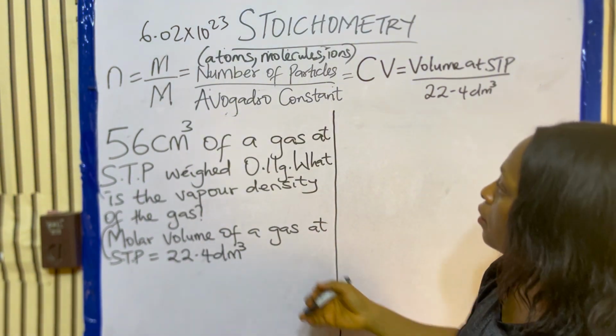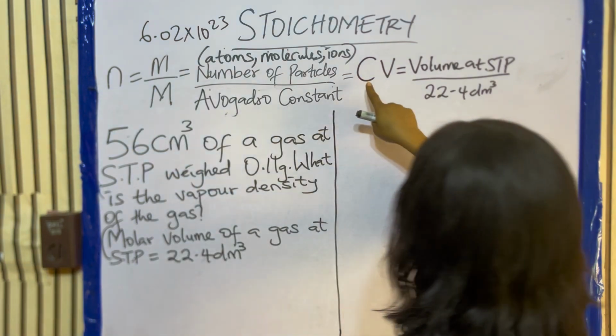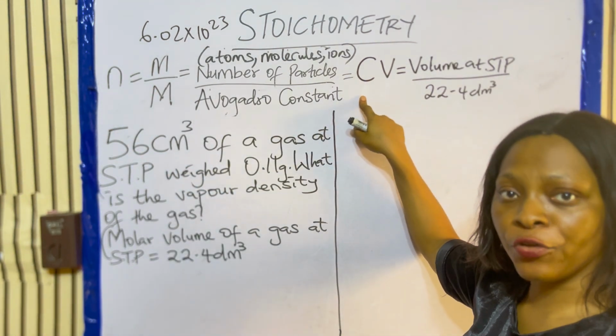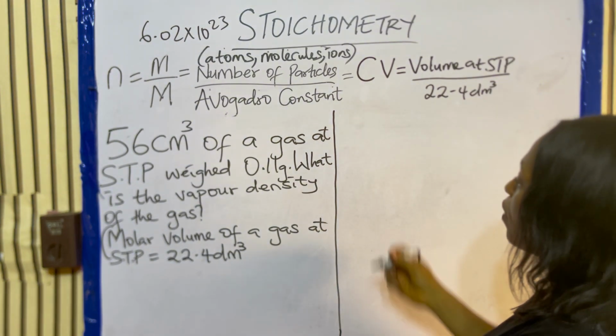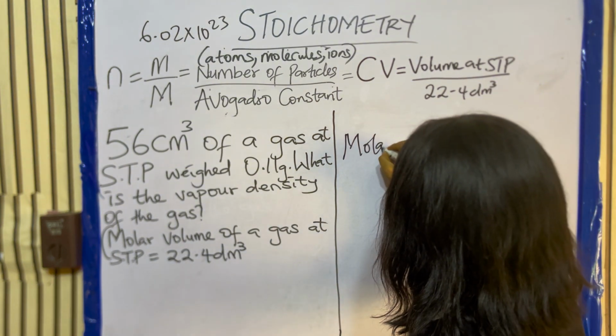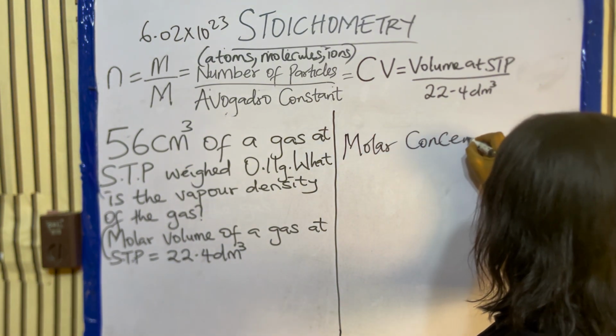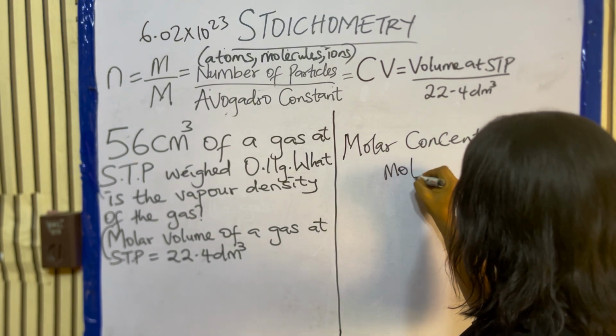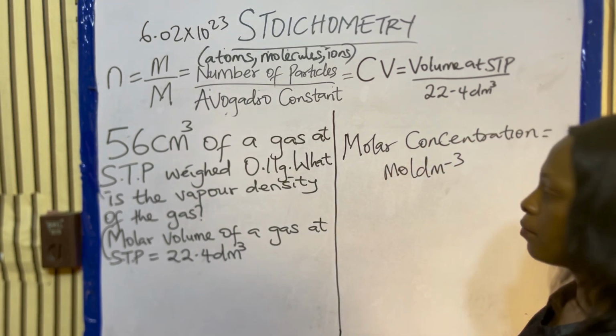Okay, then number of moles is still equal to concentration in mole per dm cube. Now this is what we refer to as molar concentration. Molar concentration is measured in mole per dm cube.